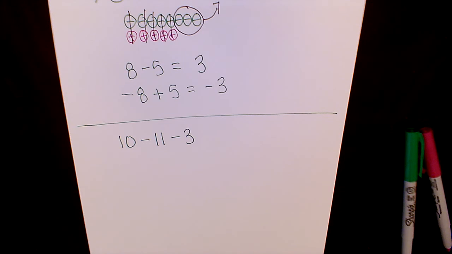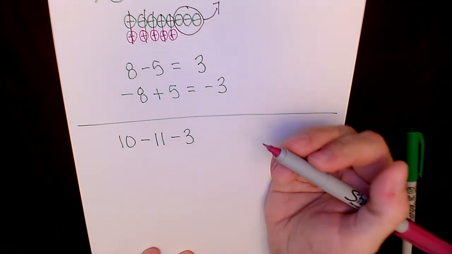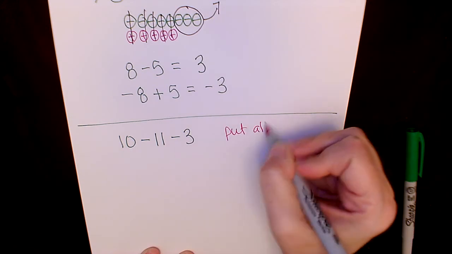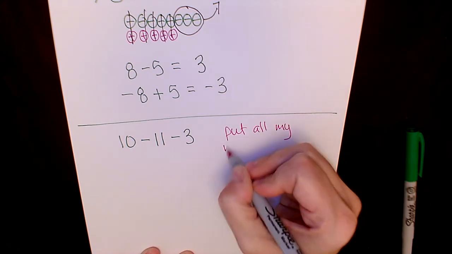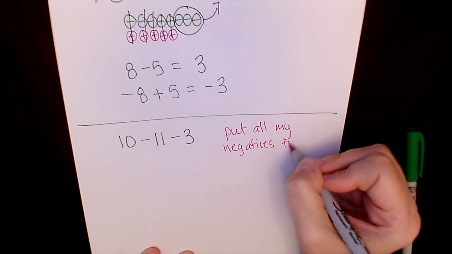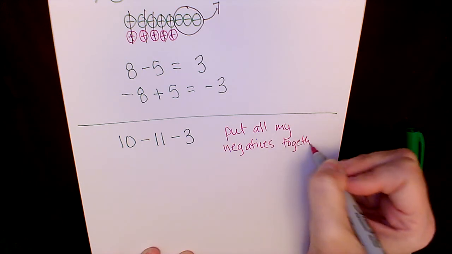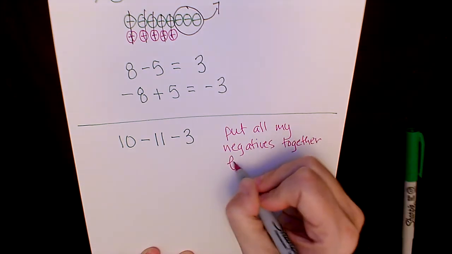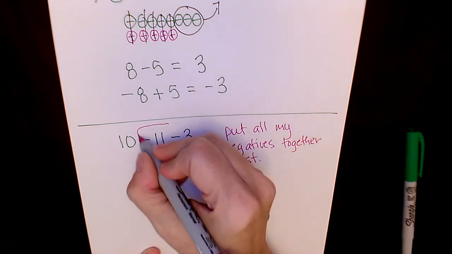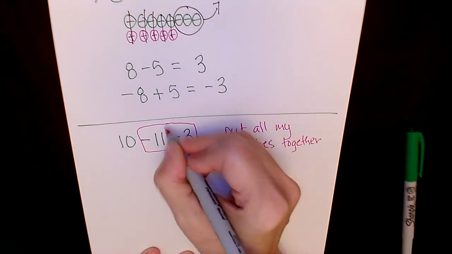Or what I like to do is put all my negatives together and do that first. And I'll show you the other way too. So I'm going to put this together first.